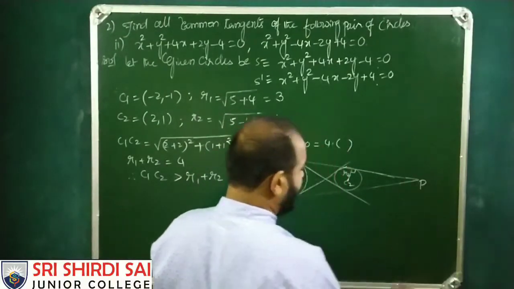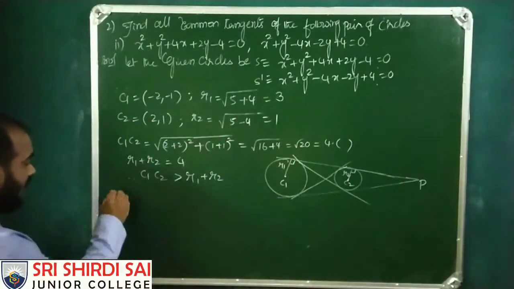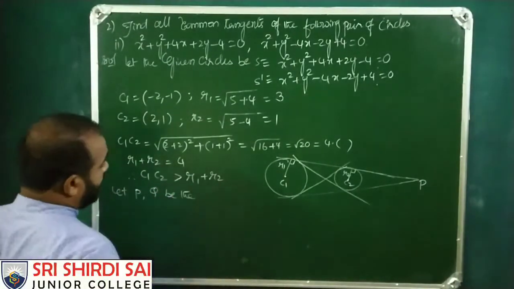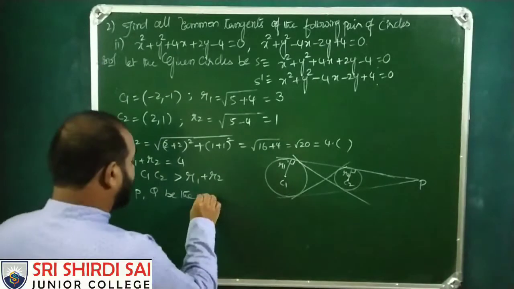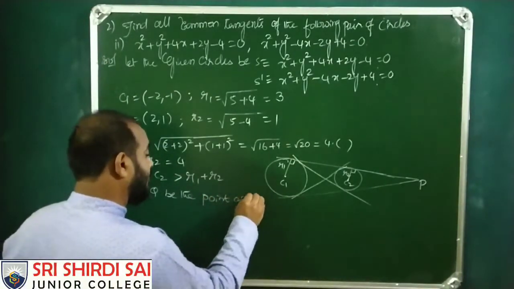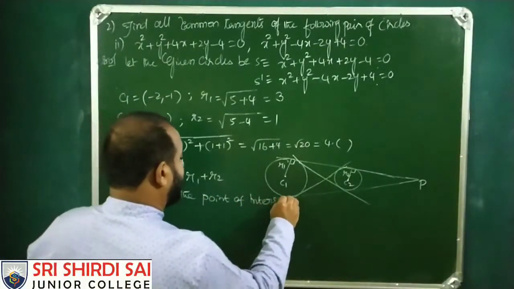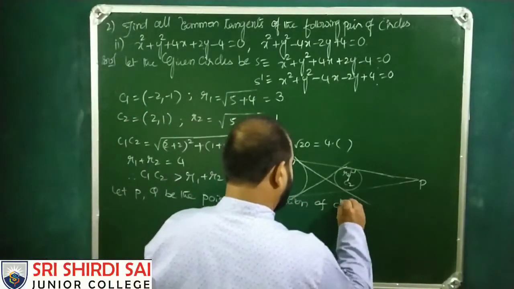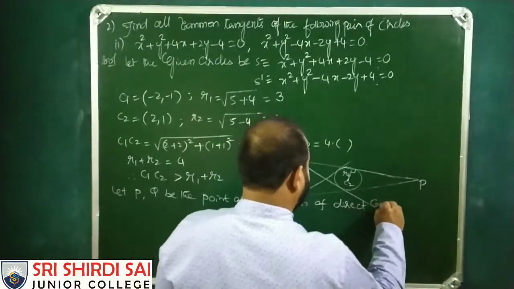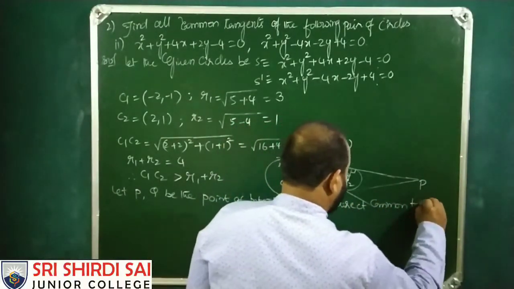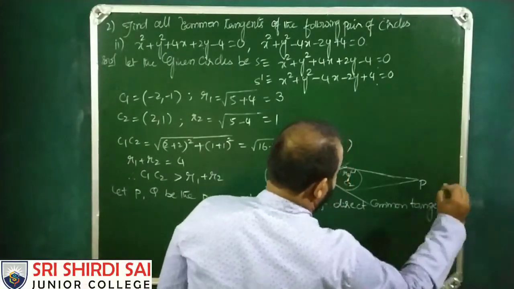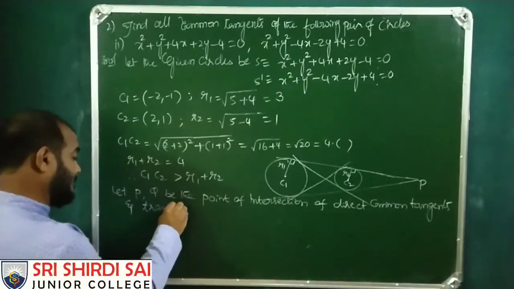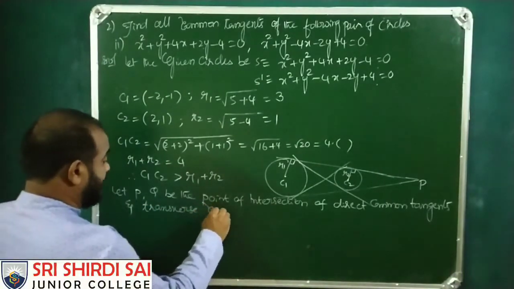Let P be the point of intersection of the two direct common tangents. I'll write here: let P comma Q be the point of intersection of direct common tangents and transverse common tangents.